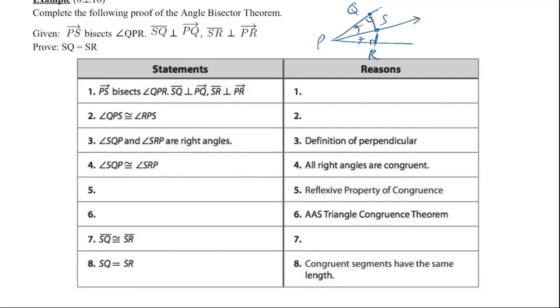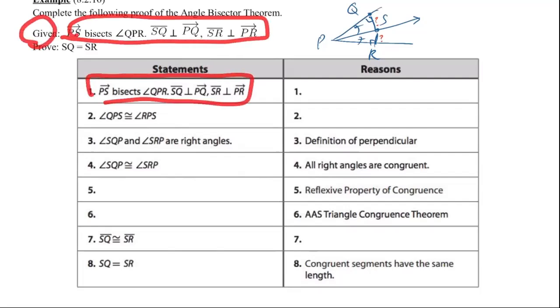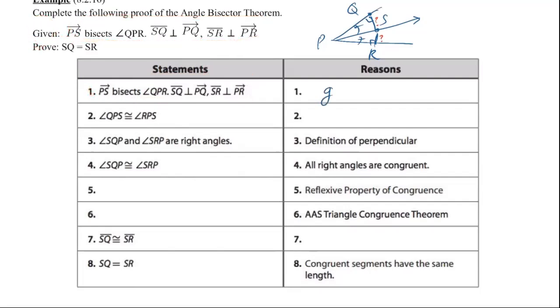So we need to show now that SQ, the question mark is, are these segments the same? Okay, that's the question. The first statement looks like a copy of this, and that's given to us. So we write down the word given. And then it says that angle QPS and RPS are congruent.